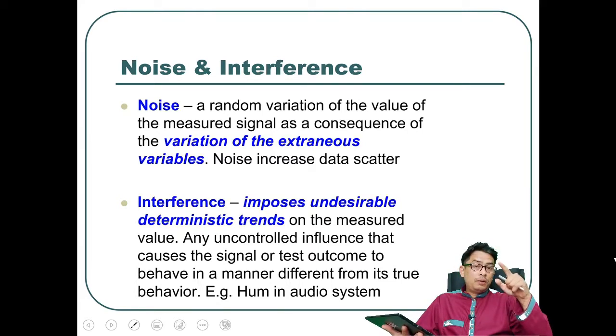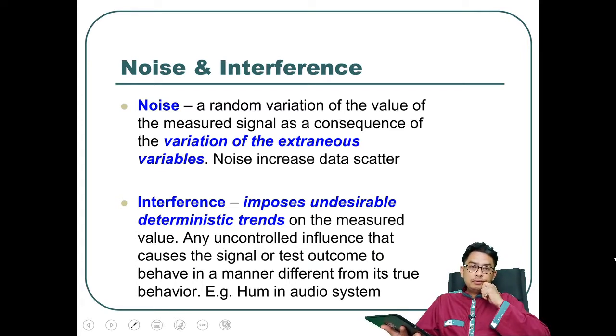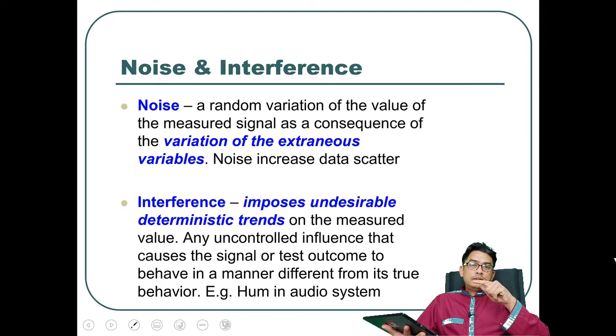I have explained before, extraneous variables are something that we cannot control, or did not control during the measurement. Something is outside the measurement, but it affects the measurement, and these variables create noise. We can say it is an unwanted signal that appears during the measurement. It causes the data to scatter, more random.